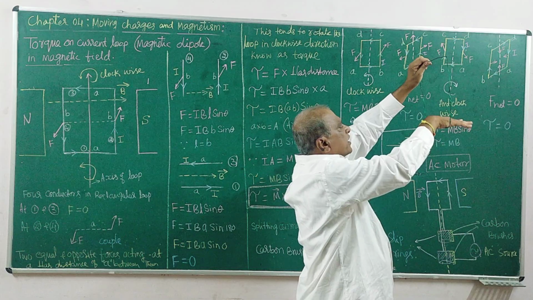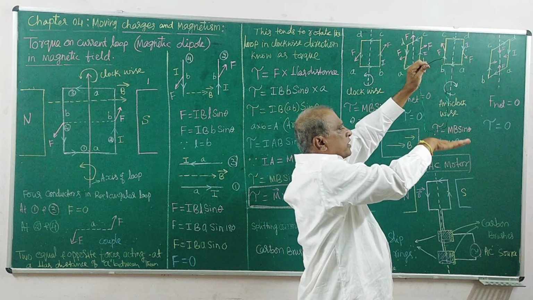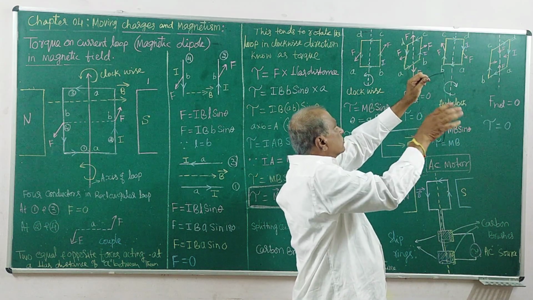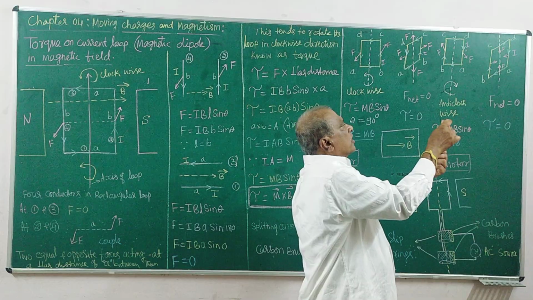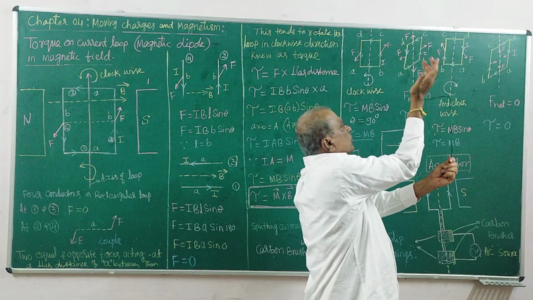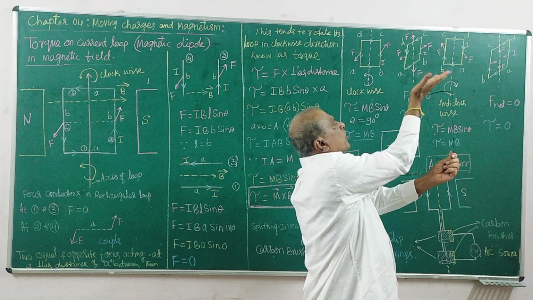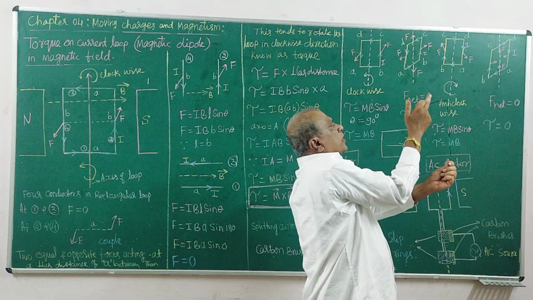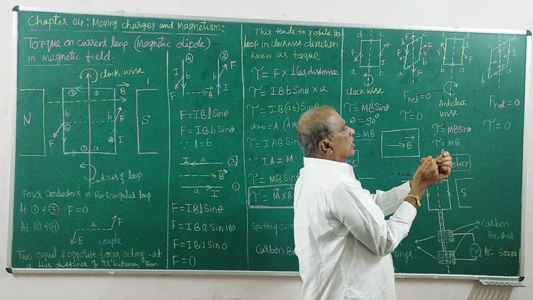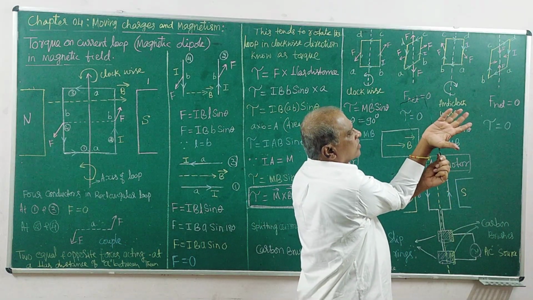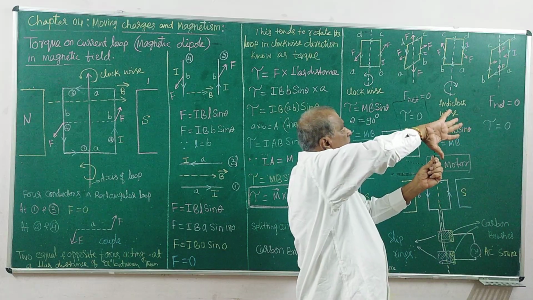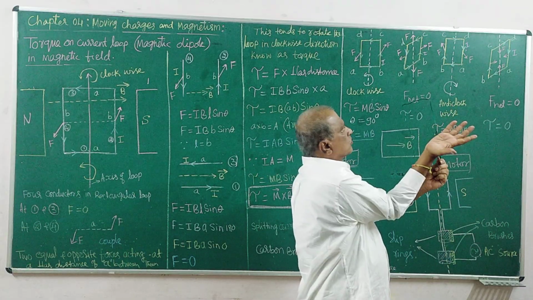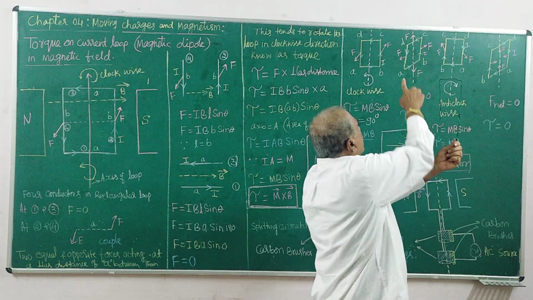With this current direction, the force is upward. Here the direction of the current is like this, with an upward force perpendicular to the line. Here the direction of the current, that is the direction, this is the one.